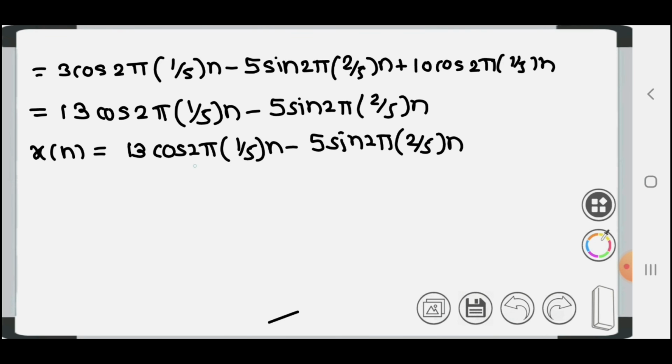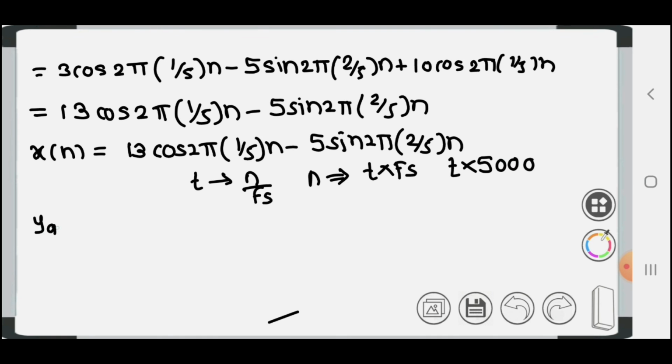To obtain the DT signal we replaced t equal to n upon fs. So when you replace n equal to t into fs, that is 5000, then your signal becomes your reconstructed signal.